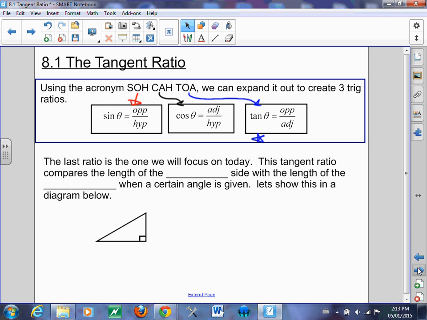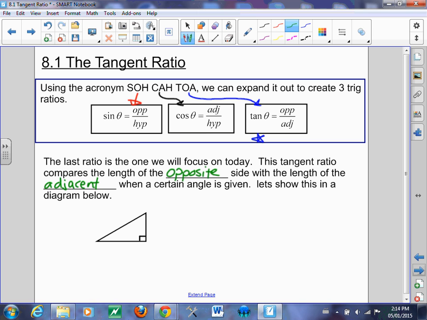The tangent ratio compares the length of the opposite side with the length of the adjacent side when a certain angle is given. Okay, let's show this in the diagram below.